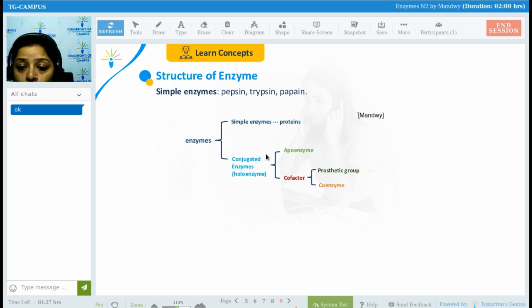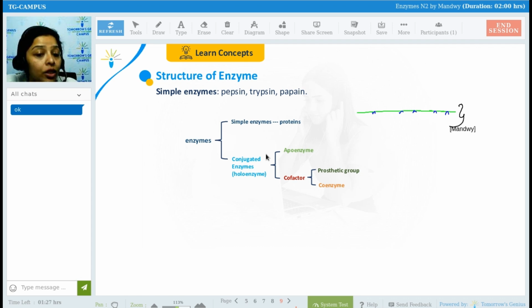Suppose this is the protein structure, and some non-protein part, that is cofactor, is attached to that. So this whole together is called the conjugated enzyme or the holoenzyme.